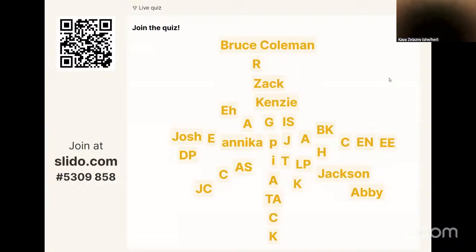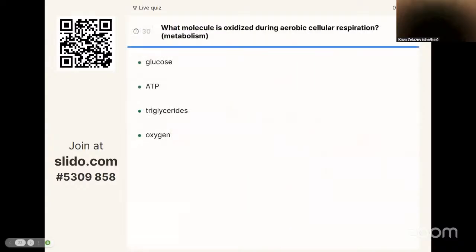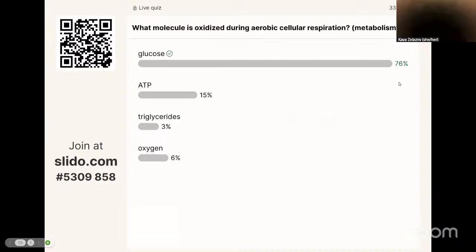Starting ourselves off, let's try and remember what molecule we're oxidizing during aerobic cellular respiration. We did this in our metabolism unit. Okay, great.